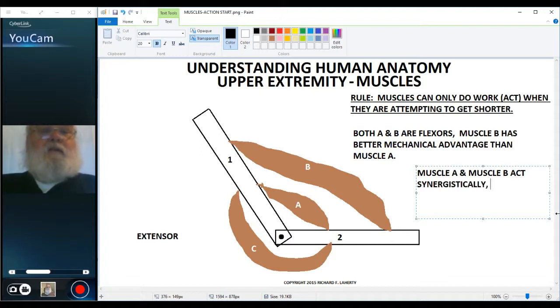Or they are synergists. They both do the same action. They both flex the joint between bone 1 and bone 2. So they help one another.